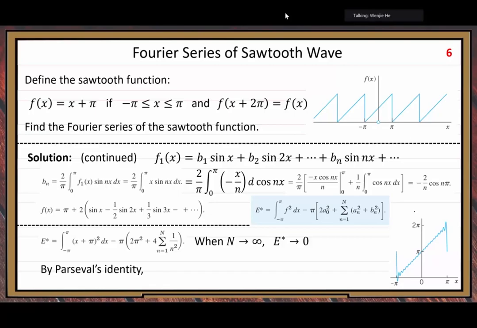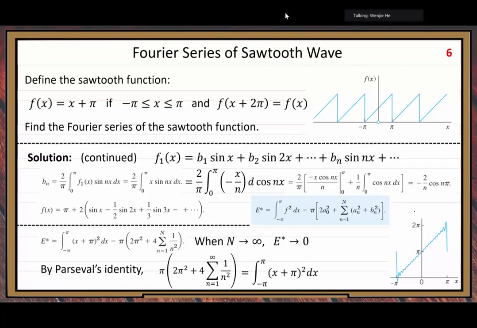By Parseval's identity from the previous slide, because this little f function is very simple, we want to verify it. Actually, here we do not verify it, because verifying is non-trivial.